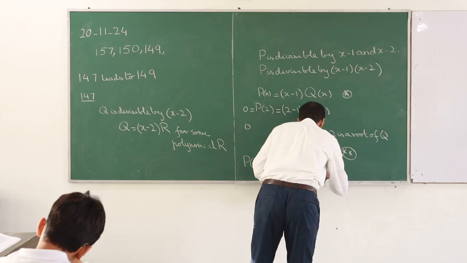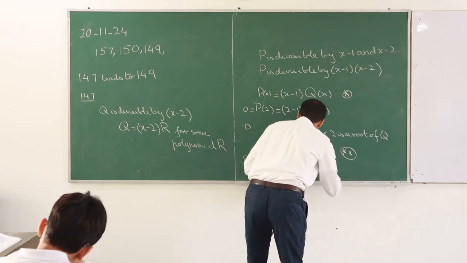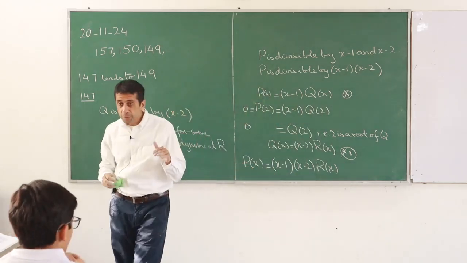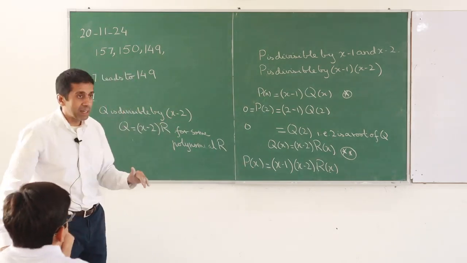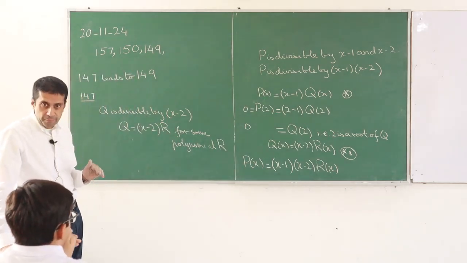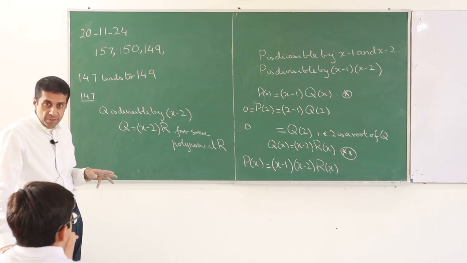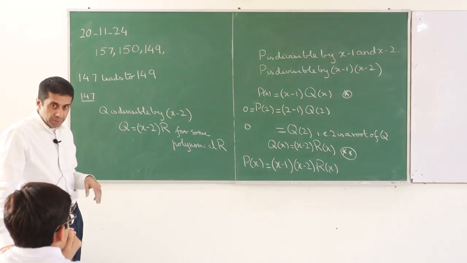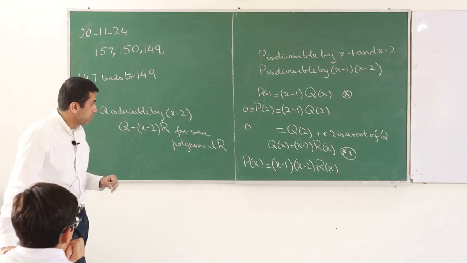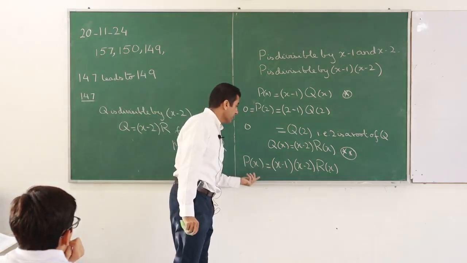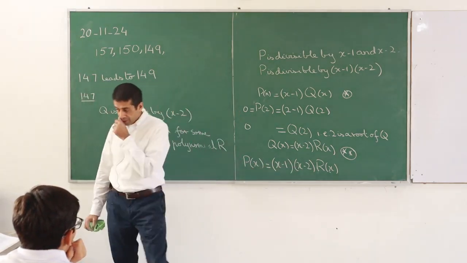So that shows that p of x is divisible by x minus 1 and x minus 2. Is this clear? That was the argument of 147. Okay? The divisibility is because if you divide by x minus 1 and x minus 2, you will get r of x as the quotient.